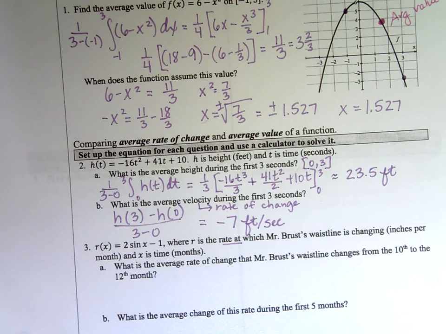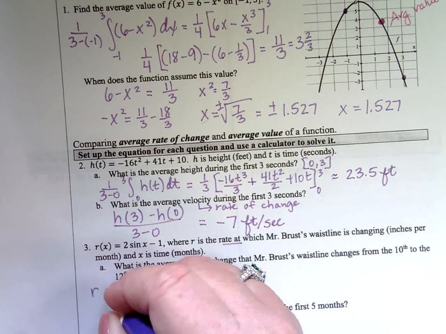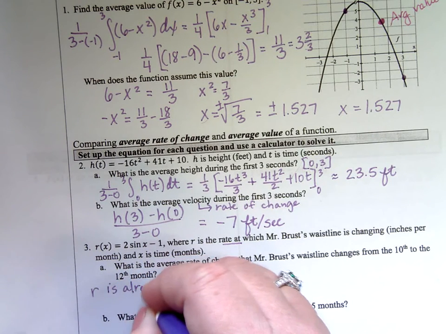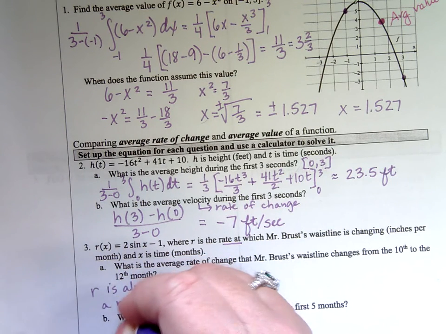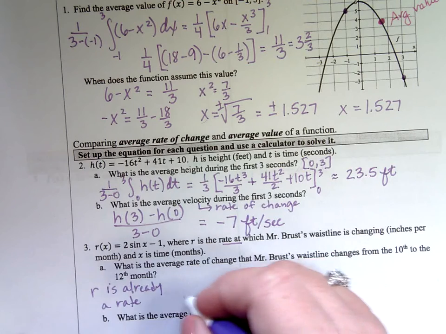So this is the average rate of change again. Looking at this, r is already a rate. And since r is already a rate, this time you're looking for the average value.